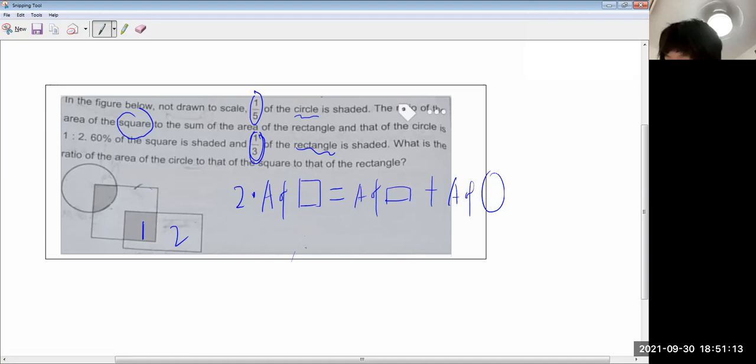Okay, now, from this statement, the ratio of the area of the square to the sum of this is 1 to 2. So that means 2 times the square will give you this one. No? Okay, so with this understanding, that means what?